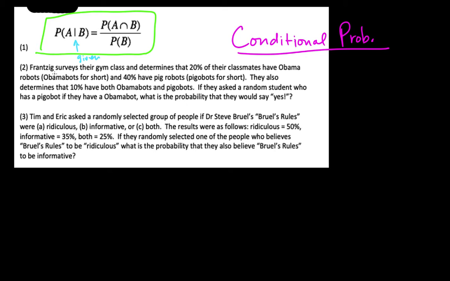It says Frank Zieg surveys their gym class and determines that 20% of their classmates have Obama robots, or Obamabots for short. So we're going to say Obama, 20%. Then 40% have pig robots, or Pigobots for short.